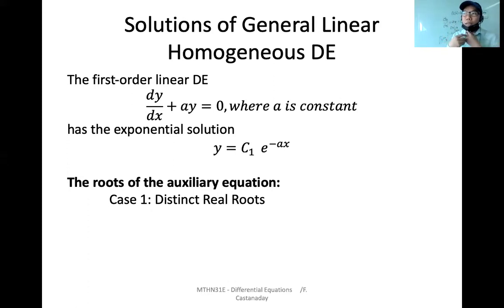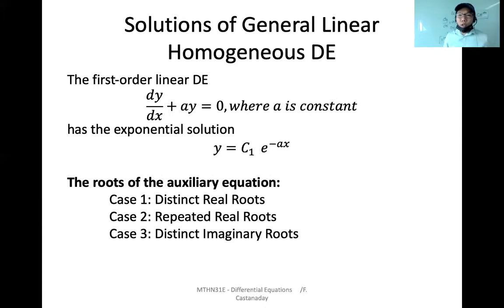So pag sinabi natin na real number siya, ano ba? Siyempre, the other, yung isang ano dun is imaginary, di ba? So dalawa lang yun. Real number or imaginary yung roots. Tandaan na, distinct real roots. Pangalawa naman is repeated real roots. Yun, umuulit lang. And then case number 3, distinct imaginary roots.